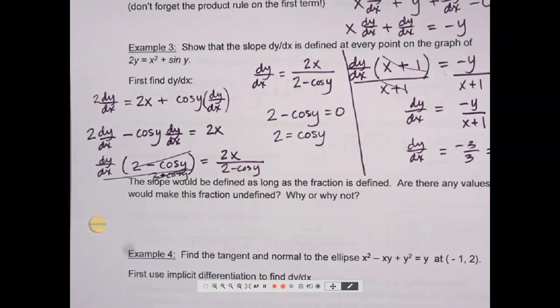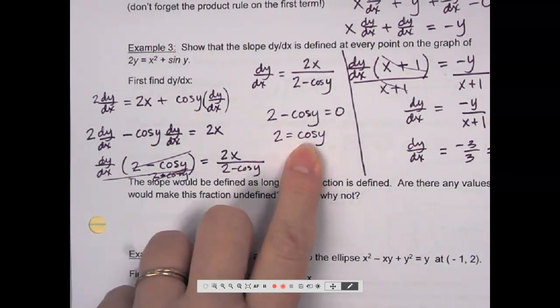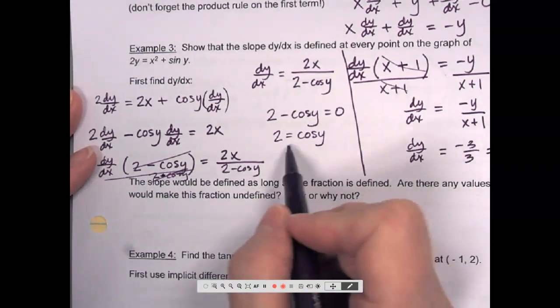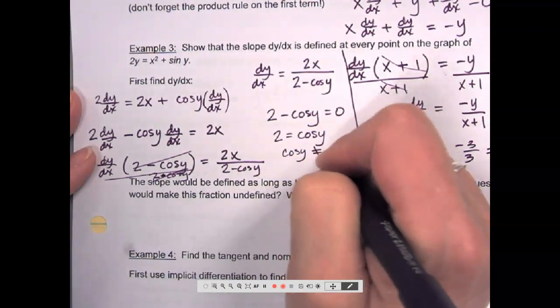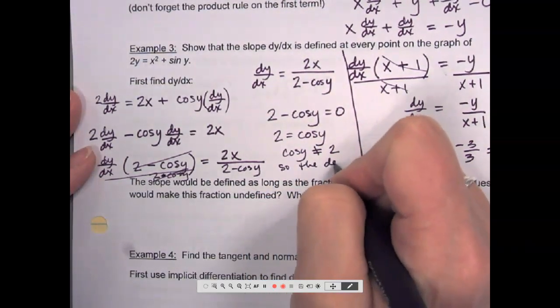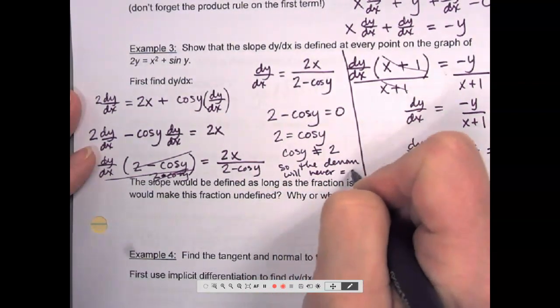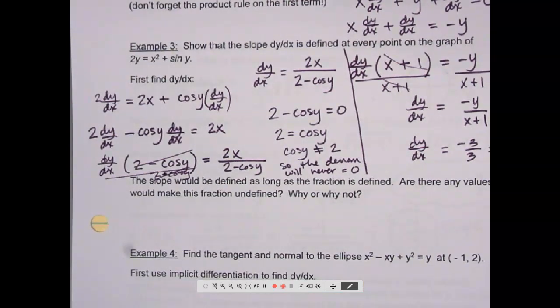Never. It maxes out at 1, unless I put a 2 in front of it and alter it. But just plain old cosine only goes up to 1 and down to -1. So it's never reaching 2. Cosine y is never equal to 2, so the denominator will never equal 0. Therefore, anything will work in this formula for the slope.